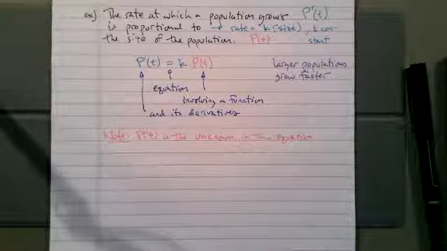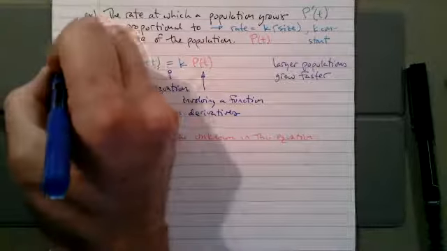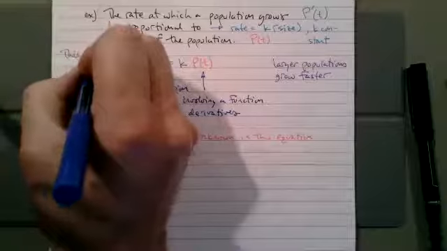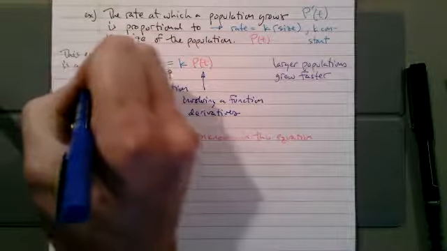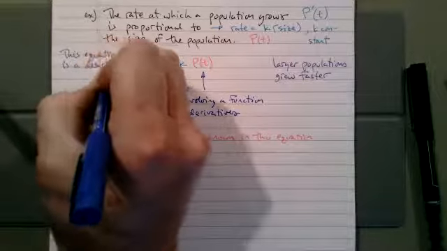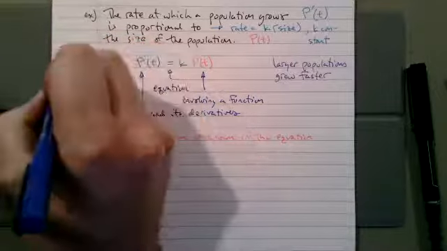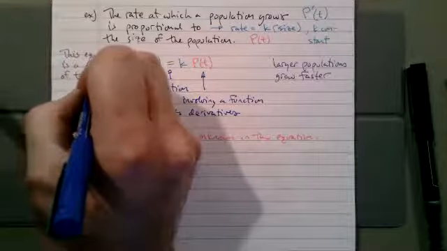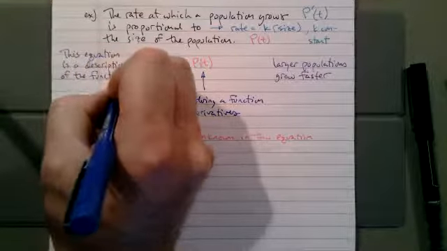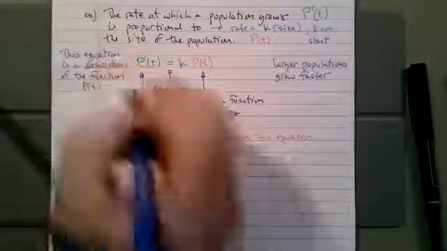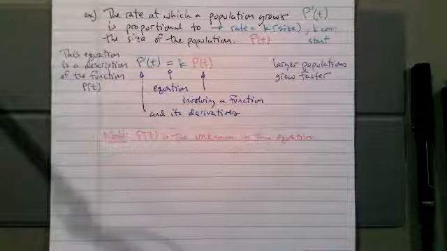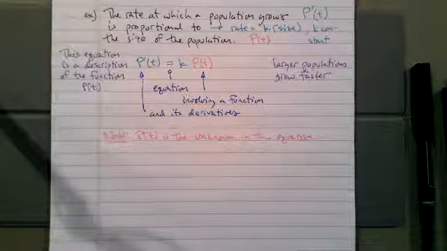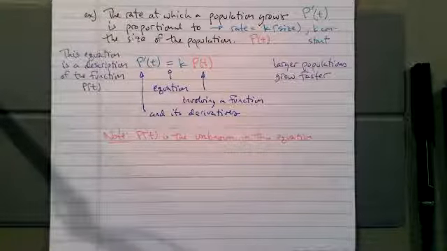This equation is a description of the function P of t. So we're going to use this to try to inform us what P of t should look like.